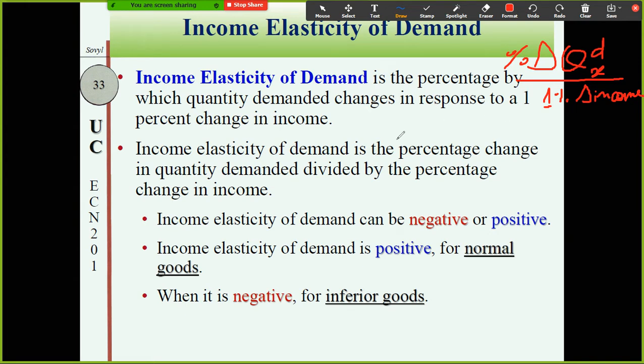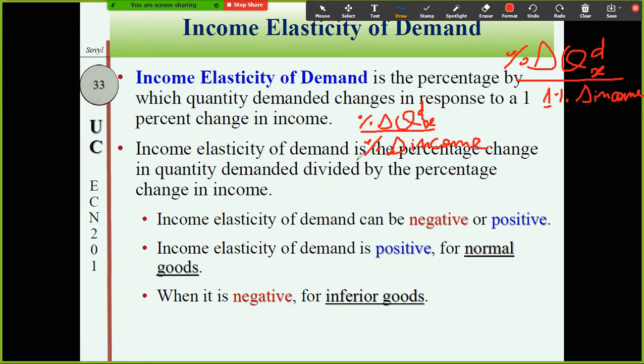But in formula, it should be like this one. Percentage change in Q of good X, divided by percentage change in income. Okay, the change in income.